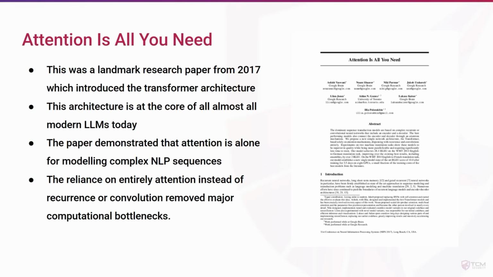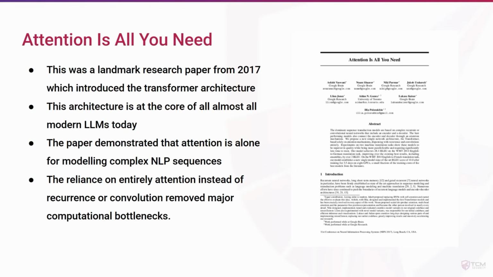which was first outlined in this paper. So one of the main things that was important in this paper is that it demonstrated that attention is enough for modeling complex NLP sequences alone without needing any recurrence or convolution.